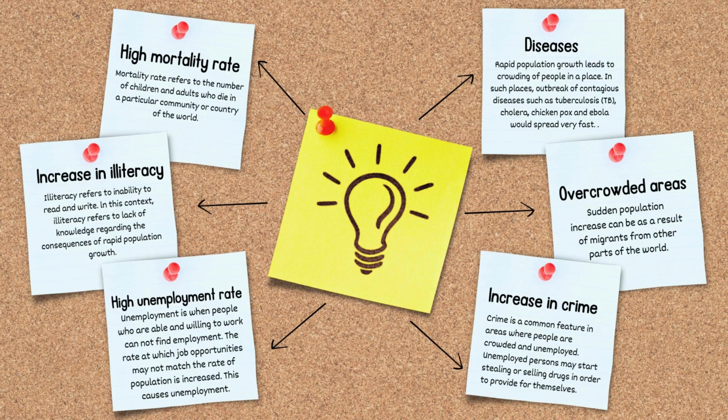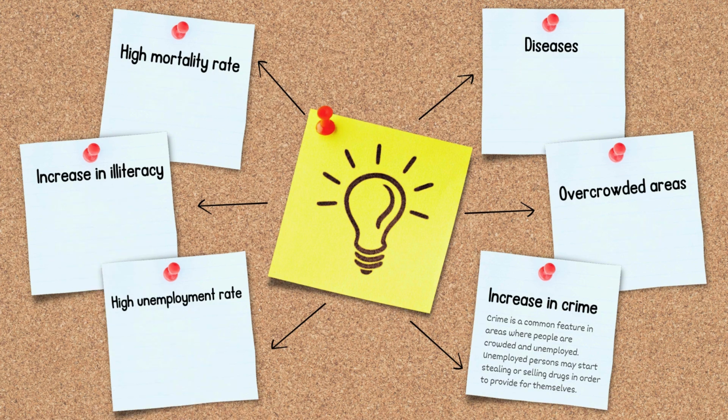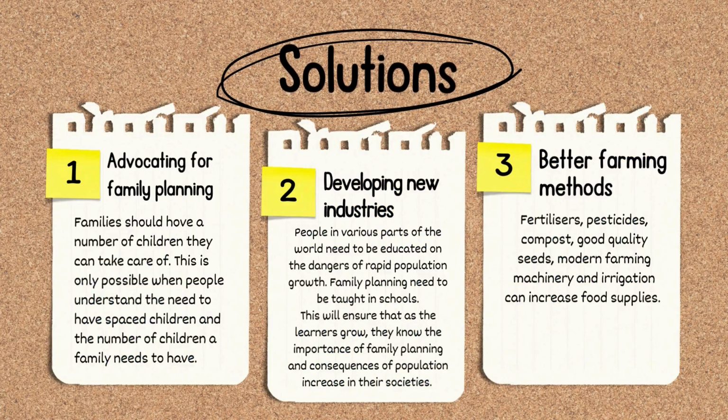We have looked at the effects and we have looked at the causes. What then are the solutions? That takes us to the last part of this session, where we look at the solutions to world population growth. The first solution is advocating for family planning.